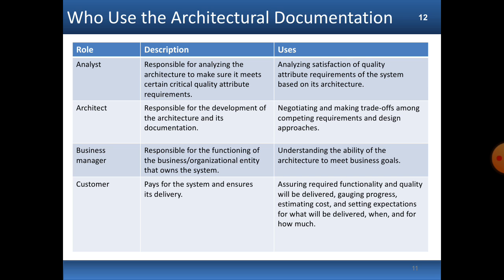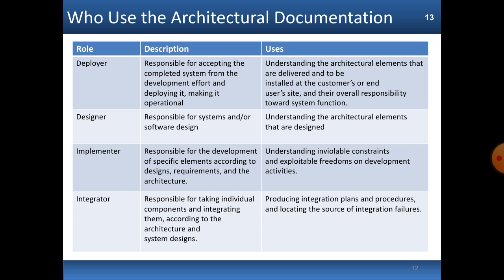So there are different roles along with the descriptions and uses, where we see who uses the architectural documentation and in which stages it is utilized by the development team, ranging from analyst, architect, business manager, customer, deployer, designer, implementer, or integrator. So students, you can go through these two slides easily. These are self-explanatory for your understanding of who utilizes the architectural documentation in any project or system.